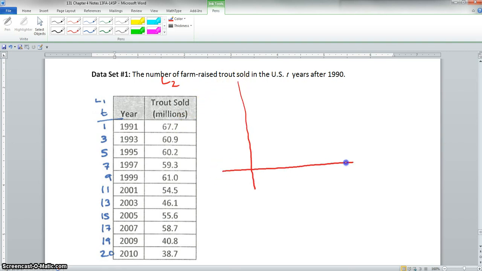I know my line is a little off here, but let's see, we have 34, 73, and 22. Now, if you notice, your lines are going to go down a little bit.